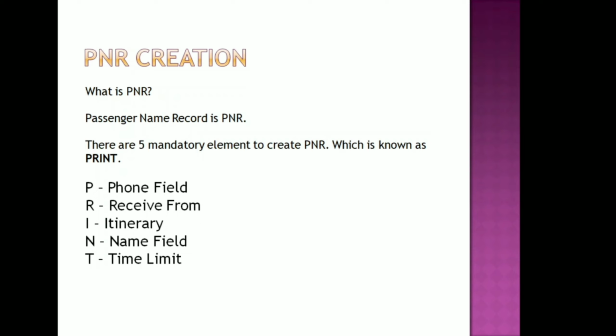R is in receive from, that means who has created the PNR. I as in itinerary, like where to where the passenger is traveling. N as in name field, that means the passenger name. And T as in time limit, like what is the actual time limit you are getting to issue that particular PNR.